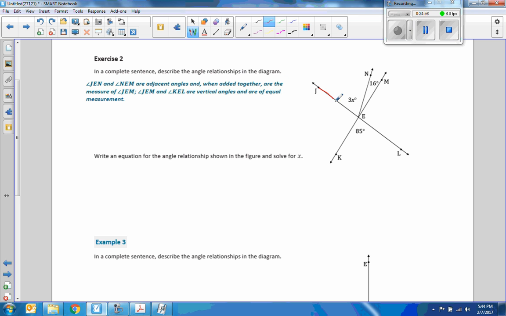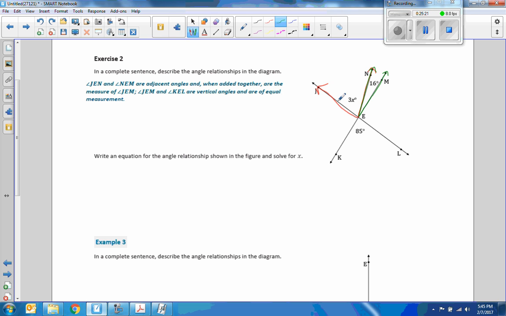Angle JEN: start at J, draw to E, and then go up to N. There is angle JEN. Then angle NEM. NEM is this tiny little slice right here. They are adjacent angles, and added together are the measure of angle JEM.